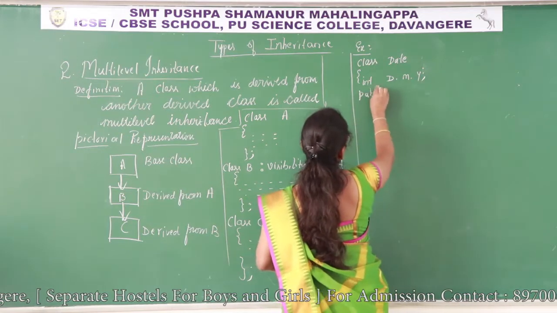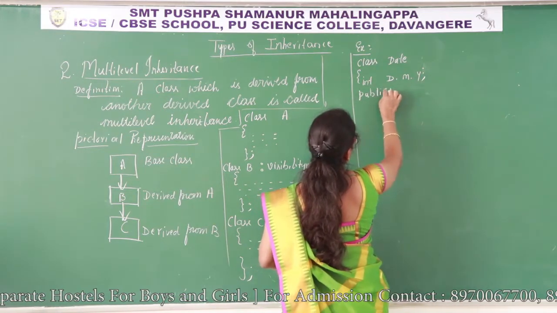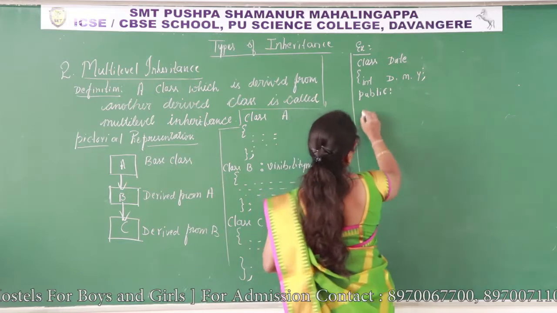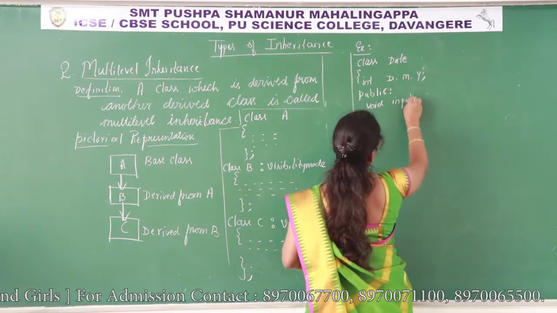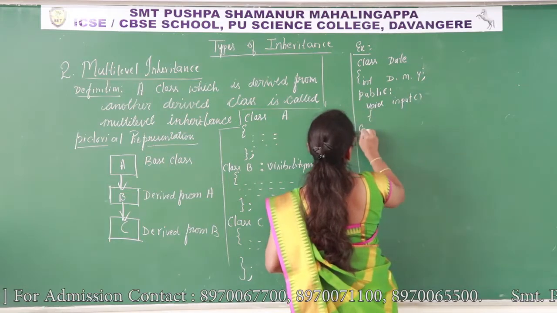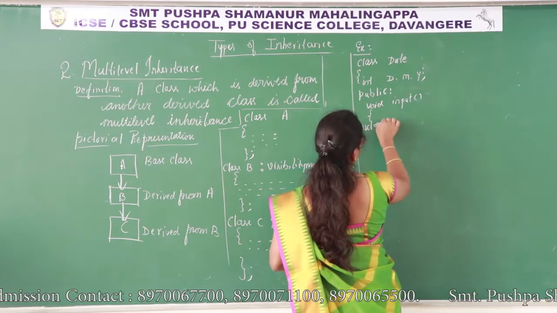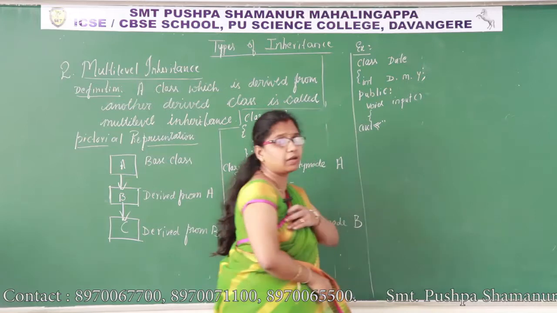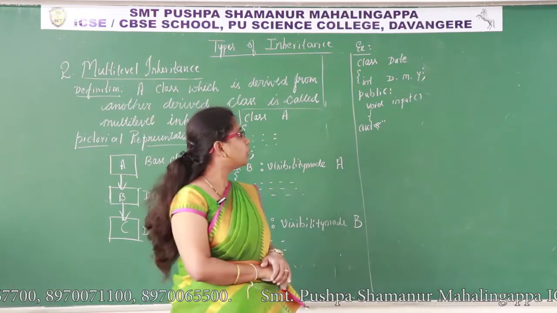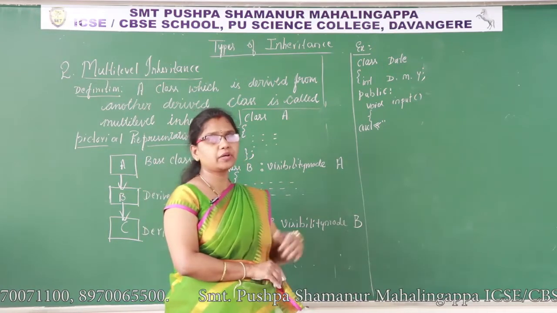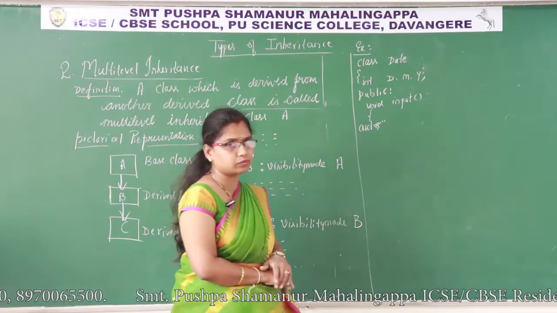In the public section, void input. I want to read values for these variables, these data members, day, month and year. They belong to the private section of that class, or you can make them protected also.